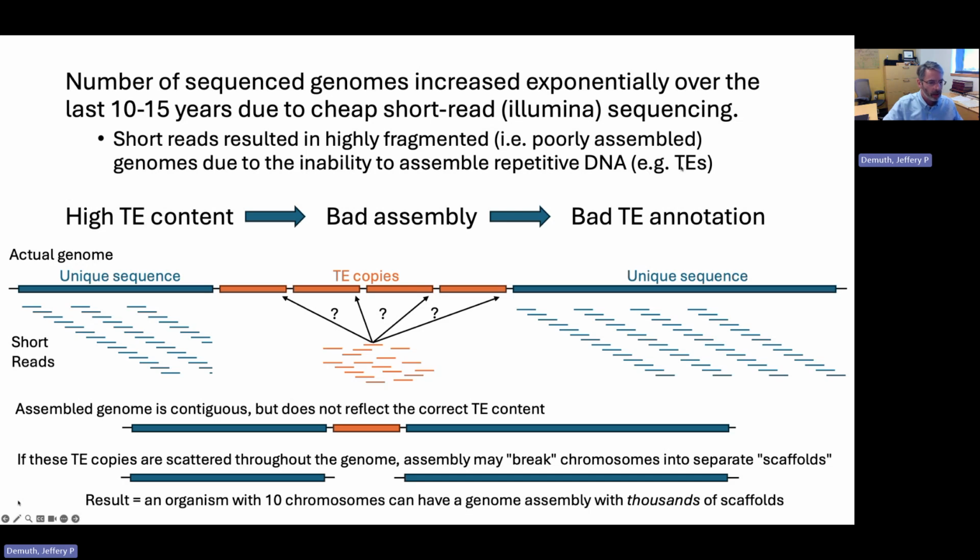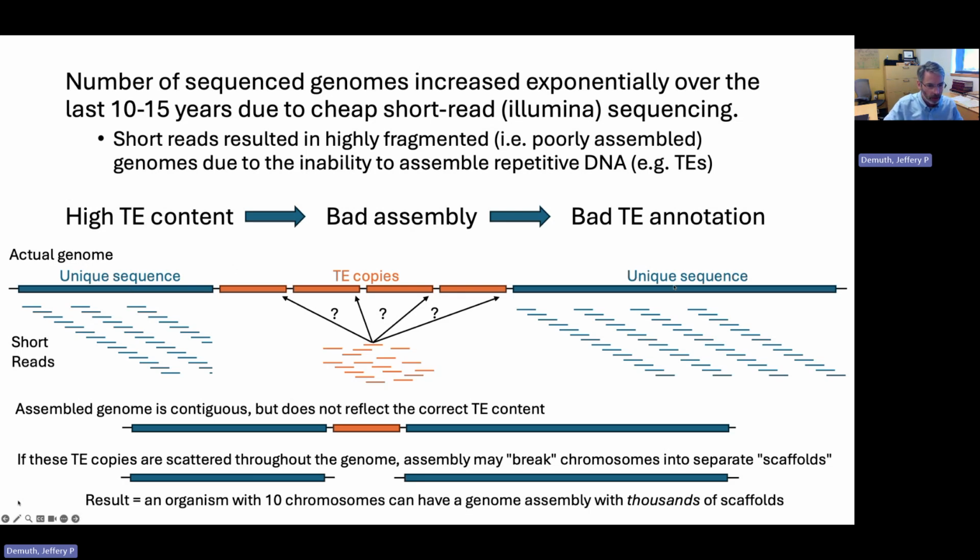So the transposons in particular are poorly assembled in all of those short read sequence genomes. And if you have high transposable element content, it leads to a bad assembly, which then leads to a bad TE annotation. And so this cartoon at the bottom is to sort of try to unpack that a little bit. Why is that? So this first line is the actual genome. So if you were going to go into the organism, you have perfect knowledge.